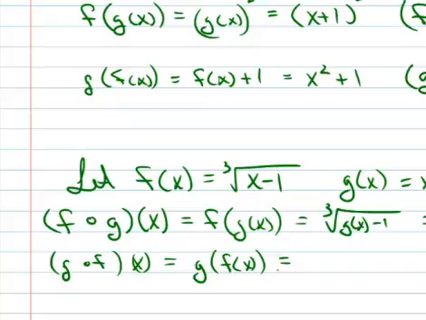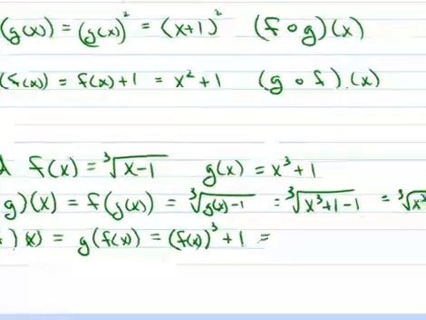G of x is x cubed plus 1. G of whatever you put in is whatever you put in cubed plus 1. Even if it's Amelia's stack of books. G of f of x is f of x cubed plus 1.